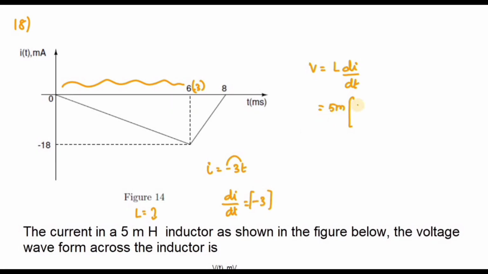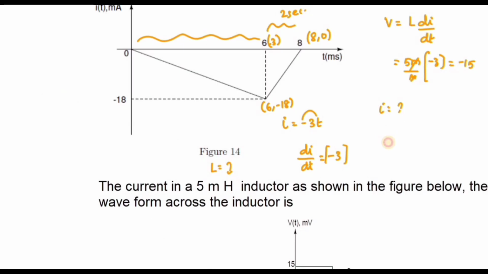Okay, next, in order to find from 6 to 8, I am going to write this equation: y minus y1 divided by y2 minus y1 is equal to x minus x1 divided by x2 minus x1. Then I have taken the values for x, here x is t and y is I, and y1 here is minus 18.